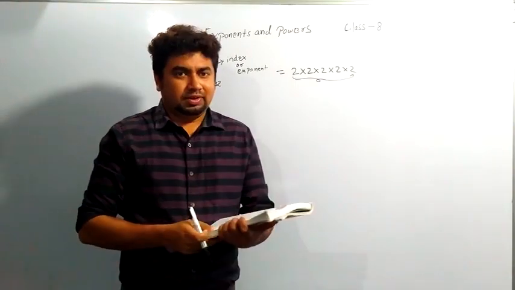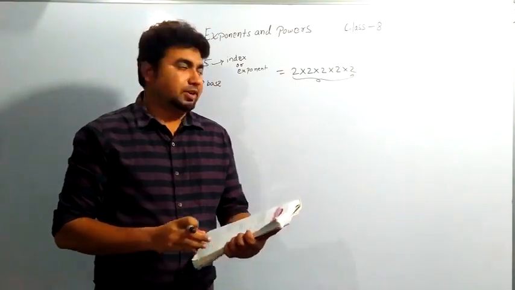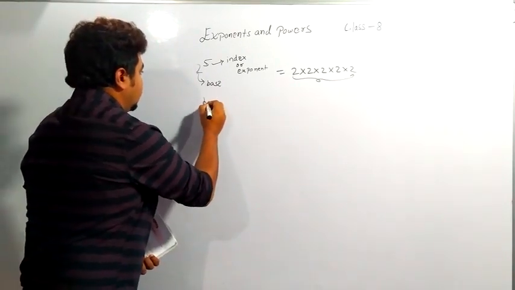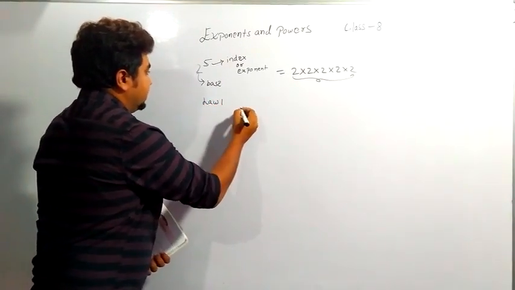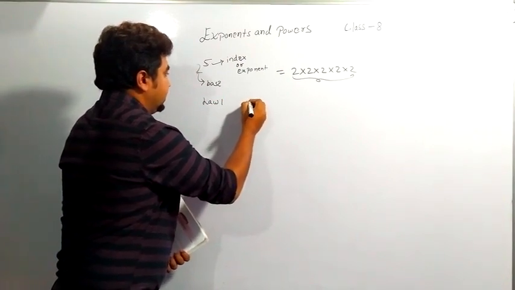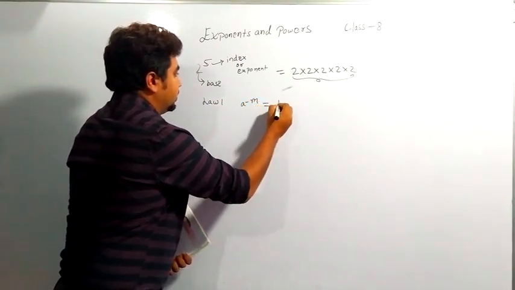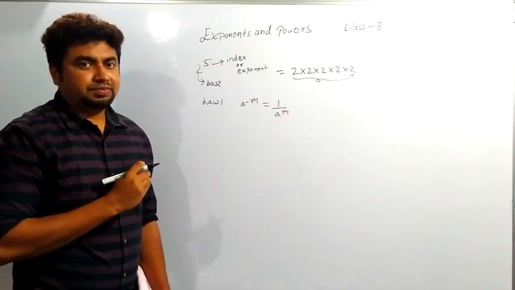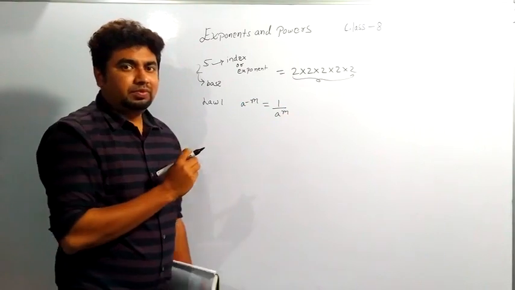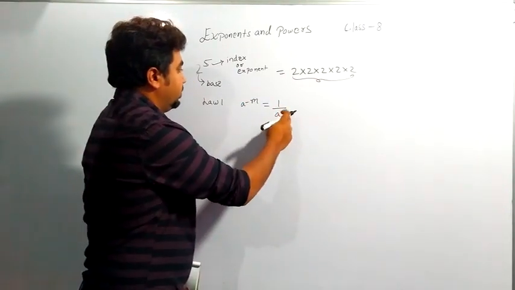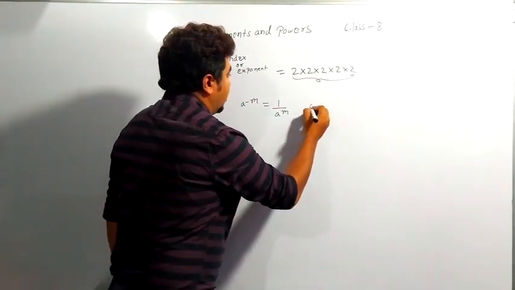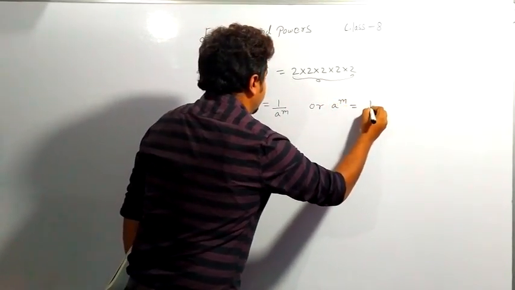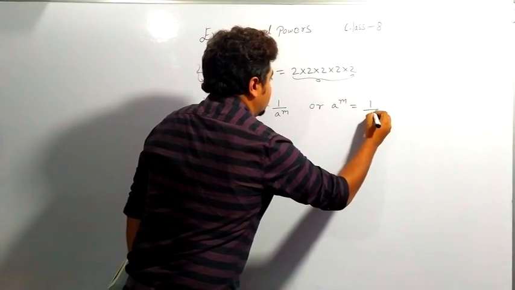So we'll be knowing some of the laws related to exponents. The first law: a to power minus m is equal to 1 by a to power m, or we can say a to power m is equal to 1 by a to power minus m.